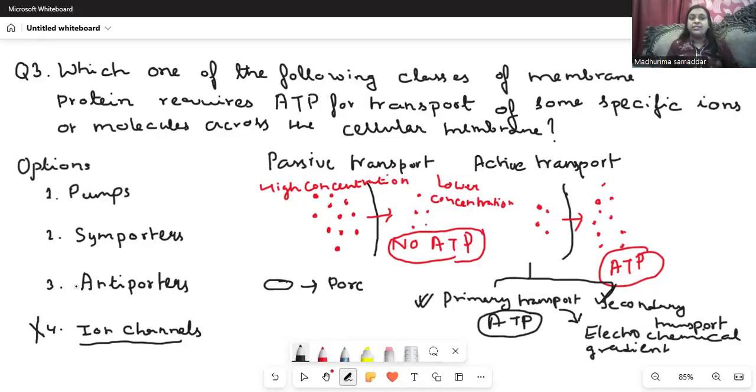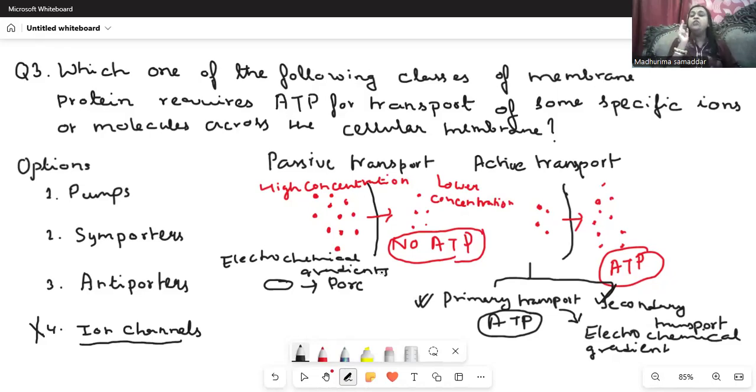Let us go to the next option, that is antiporters. In this case, antiporters fall in this category, that is secondary active transport. So what is happening? They are using the electrochemical gradient for the transfer of the molecules and ions.